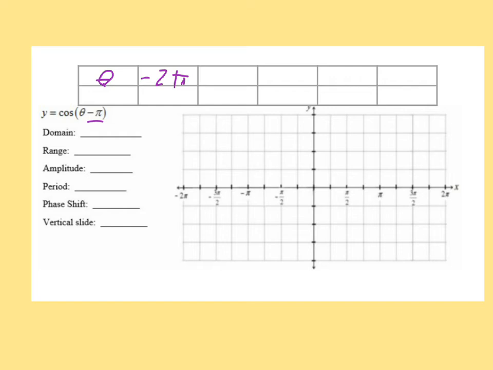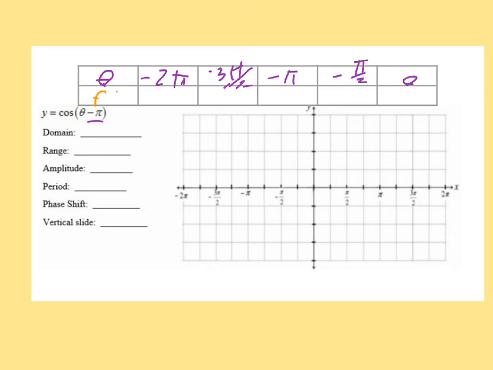That'll make my end value 0. Halfway between them, negative pi. Halfway between negative 2 pi and negative pi is negative 3 pi over 2. Halfway between negative pi and 0, that's going to be our negative pi over 2.